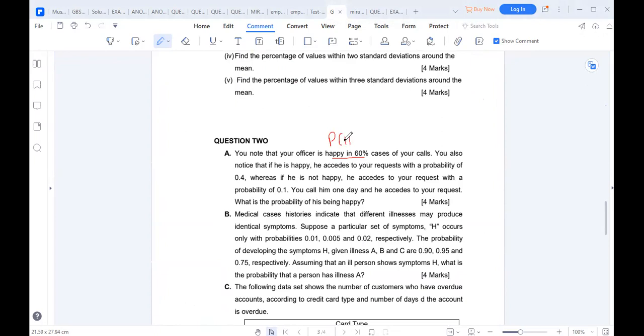Then we're also told that the probability that he accedes to your request, given that he is happy. So whenever you see if, then just know that it's a conditional probability. So you also notice that if he is happy, he accedes to your request, that is 0.4.